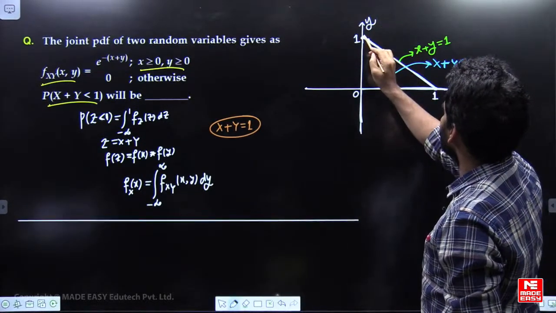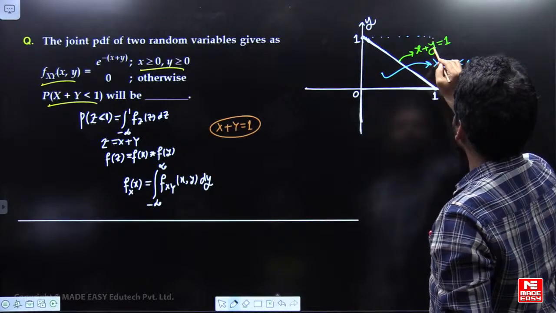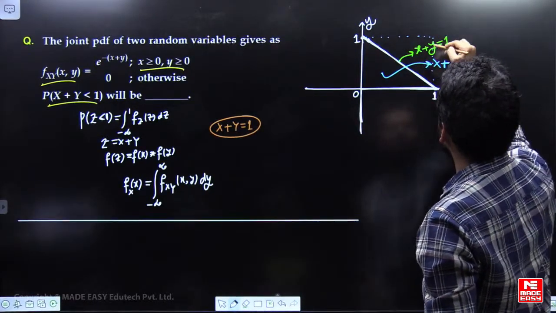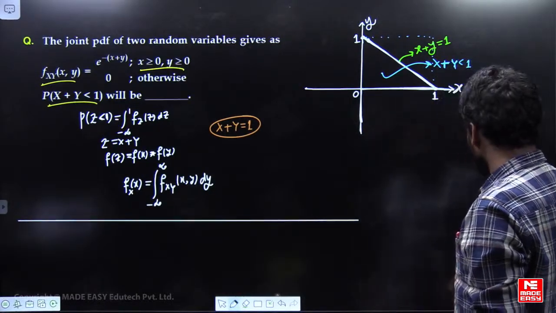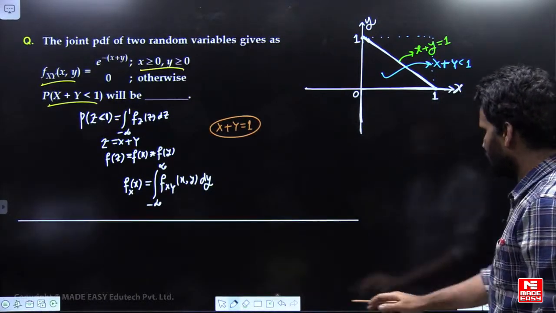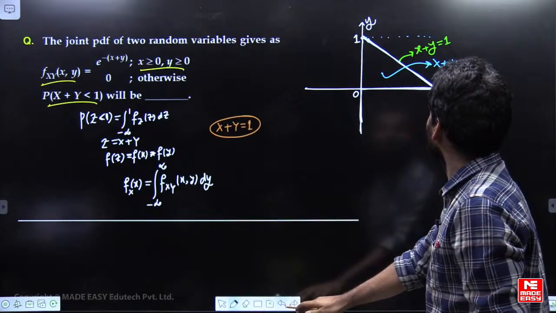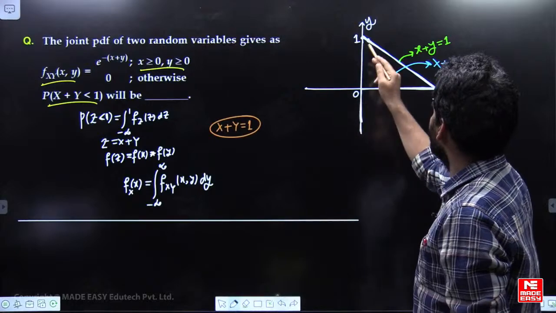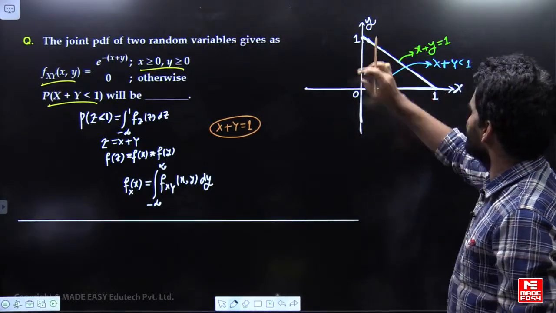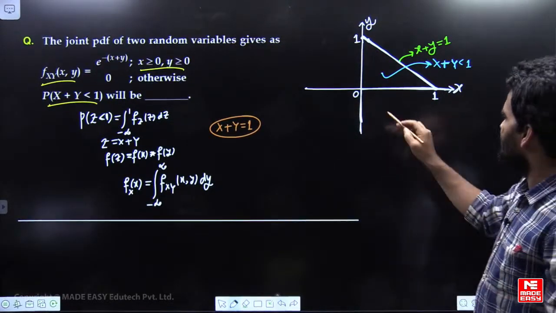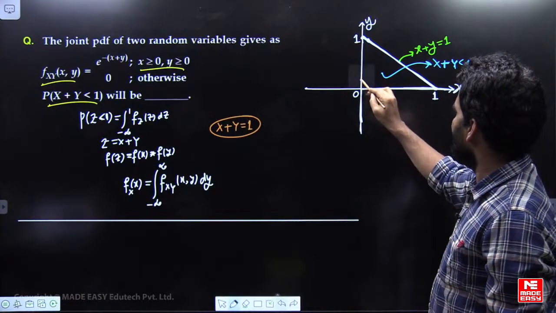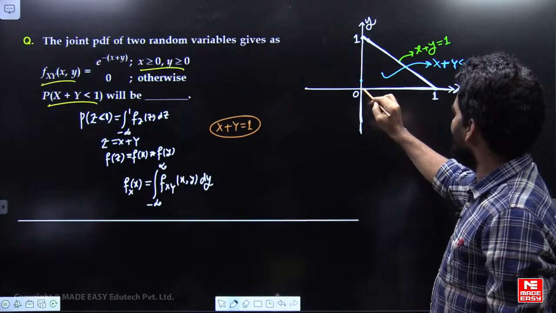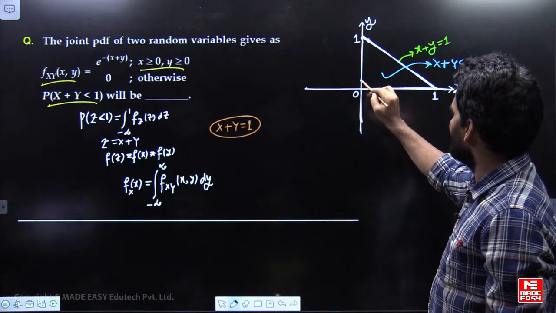And this other region is going to be x plus y greater than 1, I can say. But this region is x plus y less than 1. Even if you take some point here, suppose x value is 0 and y is some 0.1.